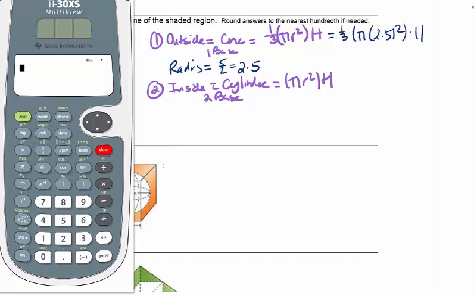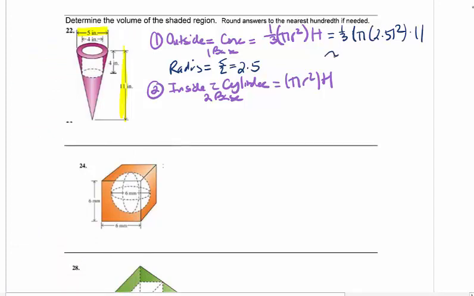So you can enter it exactly how it appears: 1 divided by 3 times pi times 2.5 squared, close my parentheses, times 11. And remember, the advantage of this calculator is that you can see everything, so you can double check what you typed in was correct, and we should get 71.99 inches cubed.